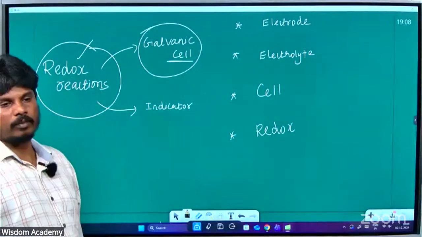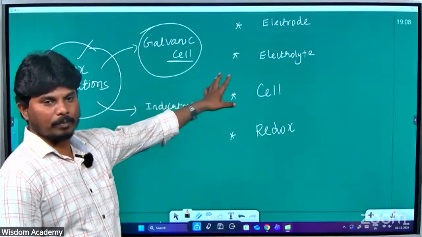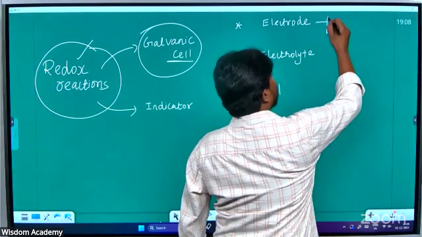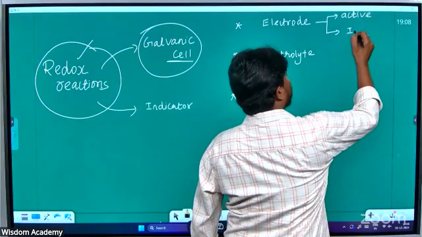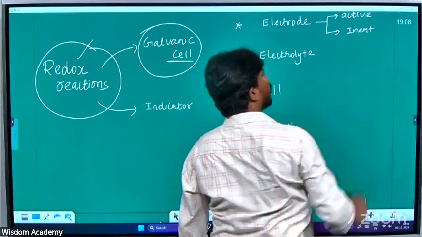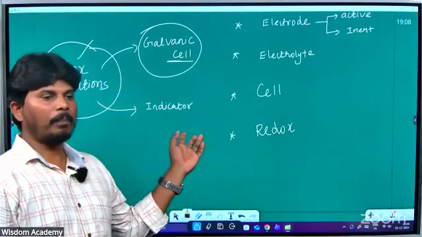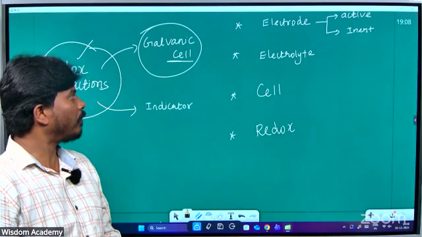Actually, in electrodes we have two types. One is active electrode, another one is inert electrode. Copper and silver are examples of active electrodes.